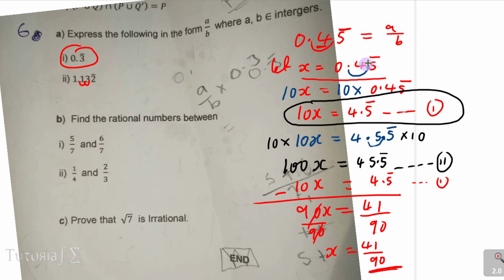Okay, so like in this case we had 0.45. We want the decimal to be just before the repeating term, so we multiplied by 10 like that, and we had 10x is equal to that. So if we've achieved that, if the decimal is before the number that is repeating, we call that equation 1.